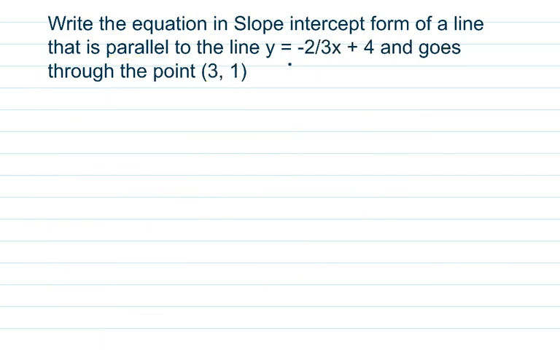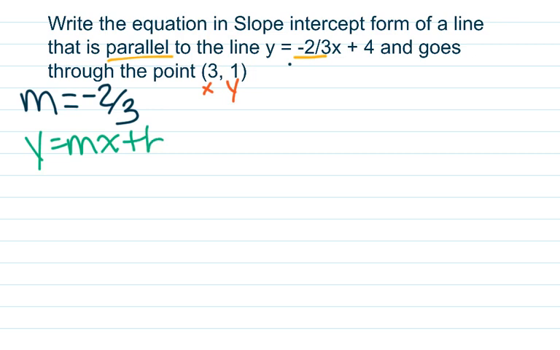Next problem. Write the equation in slope-intercept form of a line that is parallel to the line y equals negative 2/3 x plus 4 and goes through the point (3, 1). So we have parallel. I'm going to underline that. Our slope is negative 2/3, which means our slope of our new line is also negative 2/3. Now we're going to use x and y to find our b when we're writing in y equals mx plus b form.